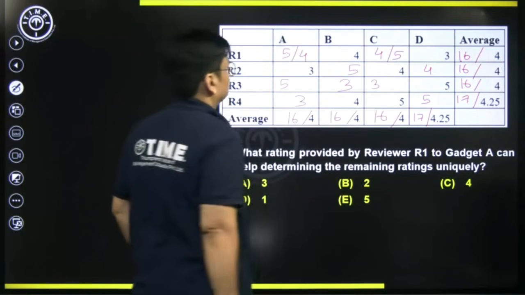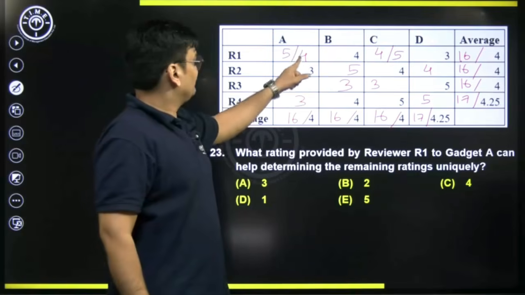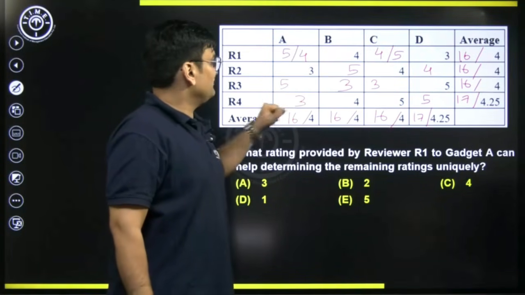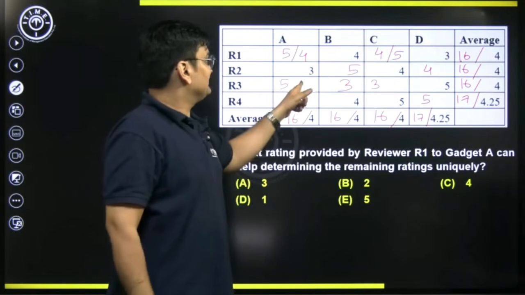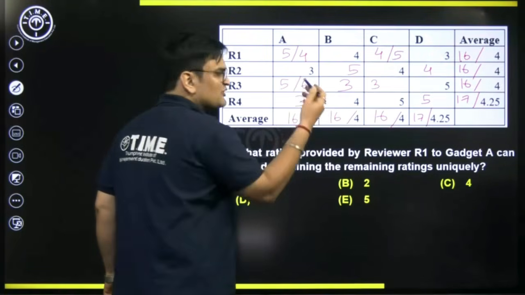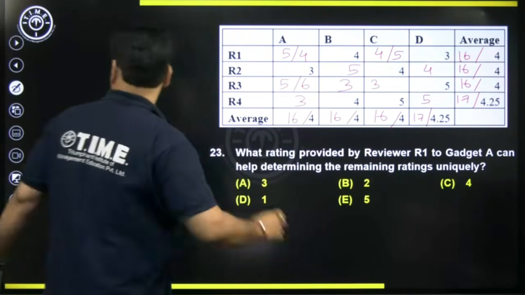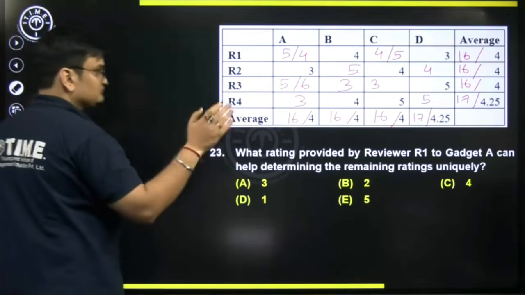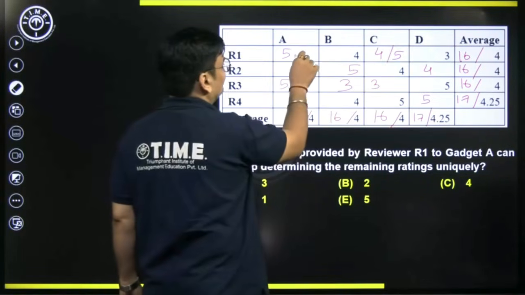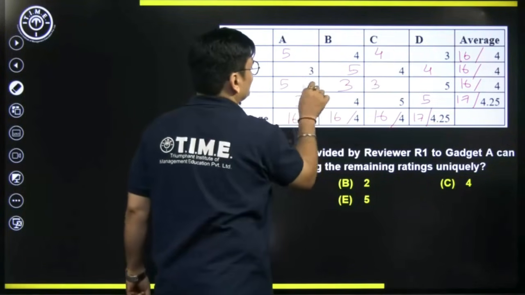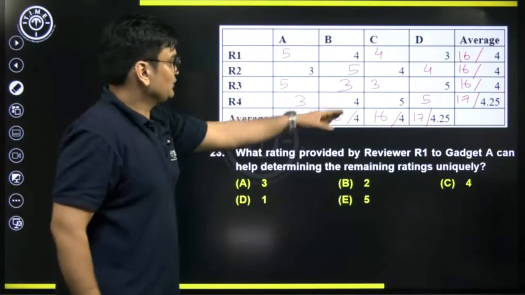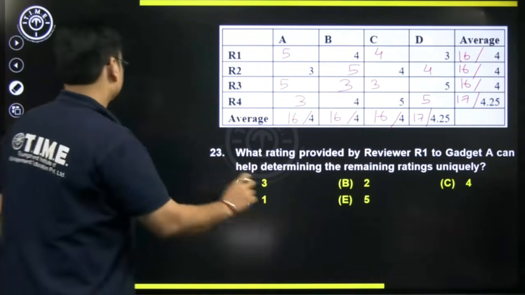Or it can be 4, so then this will be 5. So if this is 4, the second case, 4 and 3 is 7, 7 plus 3 is 10, 10, so this should be 6, which is not really possible. This can't be 6, right, because rating is only from 1 to 5, and hence this case of 4 and this being 5 is not possible, we will say. So this case we are only getting one possibility.